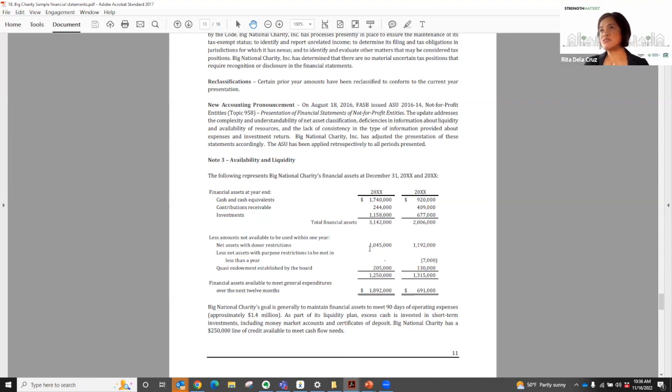You're required to show quantitative information on the financial assets available to meet general expenditures for the next 12 months, and also qualitative information, meaning how are you managing the liquidity risk? So for big charity, this is their disclosure for availability and liquidity, and you'll see this in every nonprofit's financial statements.